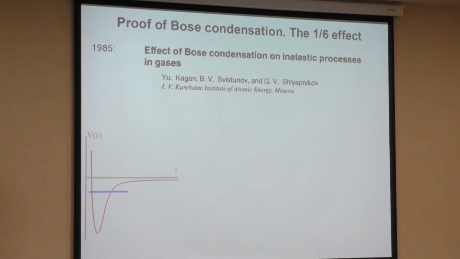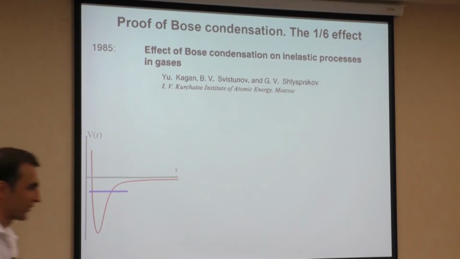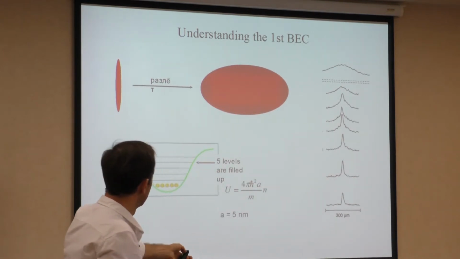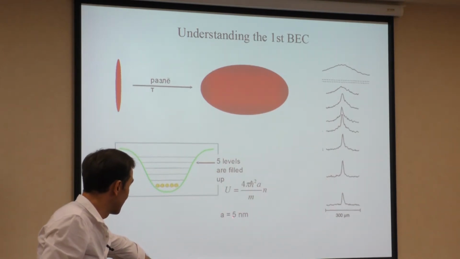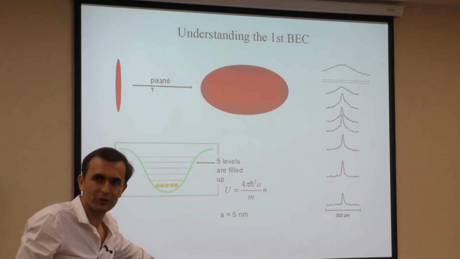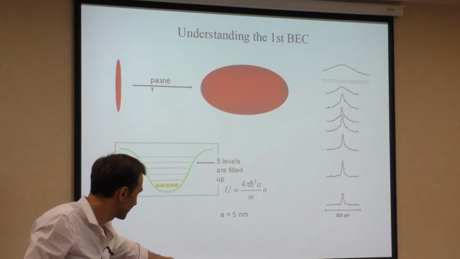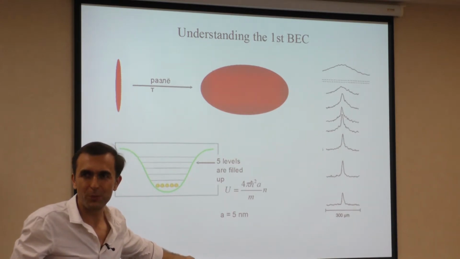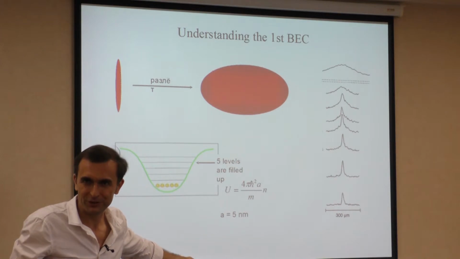Remember you saw a little note on the slide. The scattering length is 5 nanometers. It's important that it is positive. And shortly, you will appreciate that it's important for the scattering length to be positive.